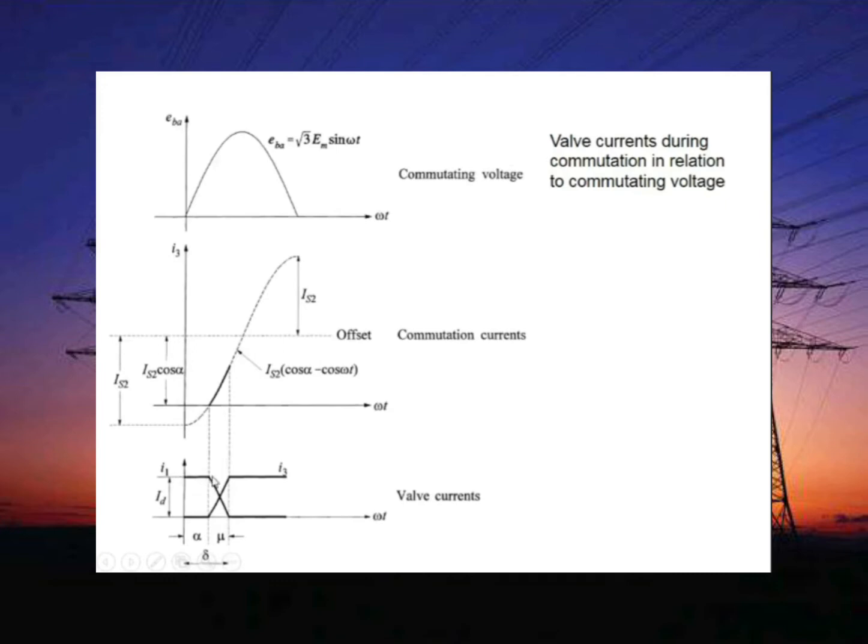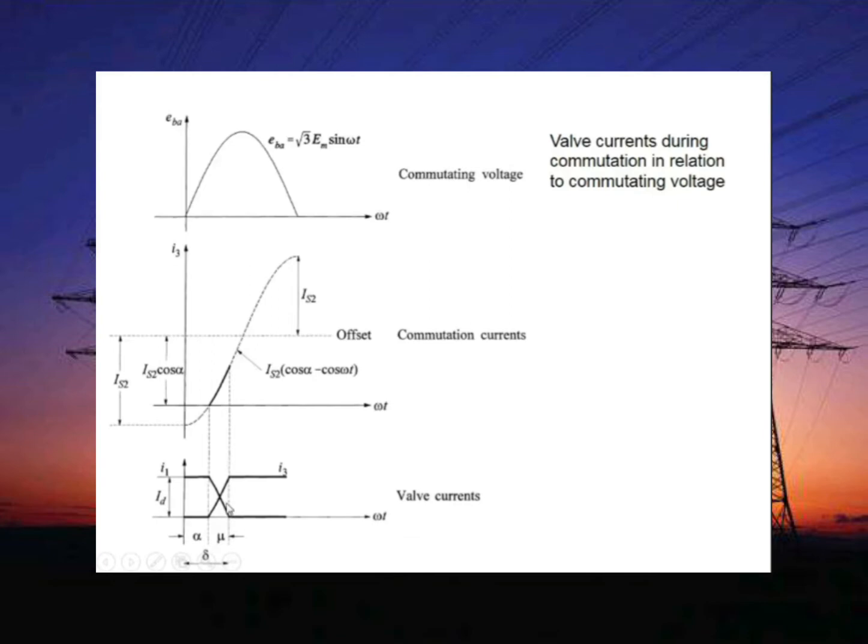After some time, during the overlapping period, the I1 current is discharging, so it becomes 0, and now valve 3 starts conducting, and therefore the current through valve 3 is increasing, and after mu, valve 3 is conducting. So at the end of commutation, I3 equals ID, and I1 equals 0.